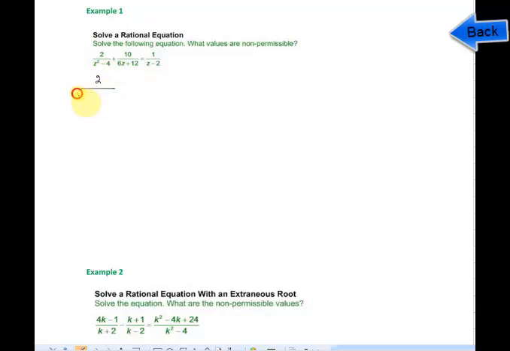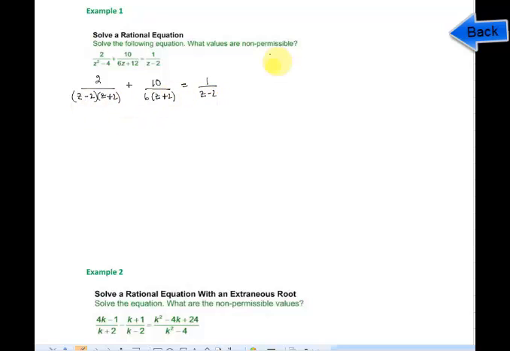That's a difference of squares, so we're going to factor it as z minus 2 times z plus 2, plus 10 over. We have a common factor of 6 in the denominators here, so we're going to take that out. We're left with z plus 2, and that's equal to 1 over z minus 2. All right, and as you can see, you can't factor that one.